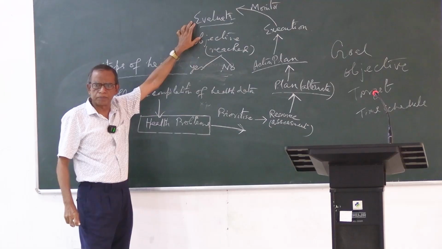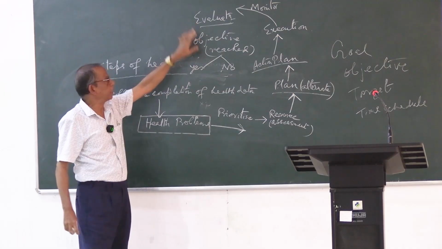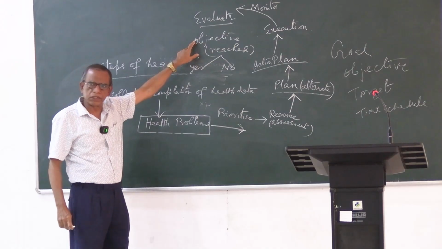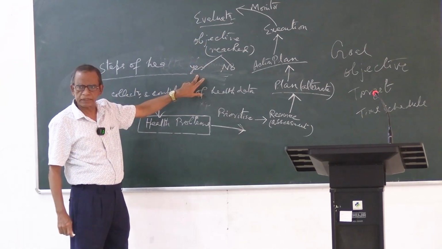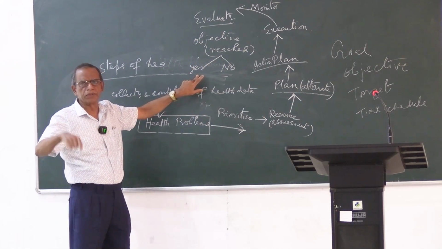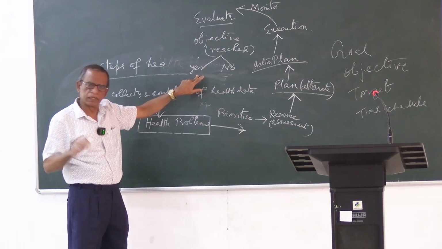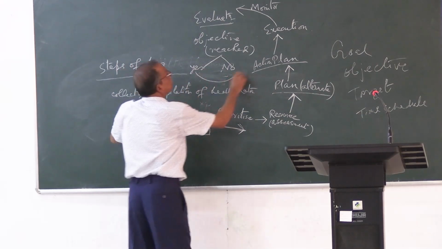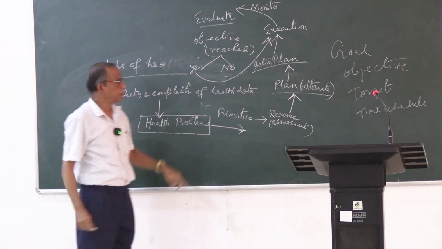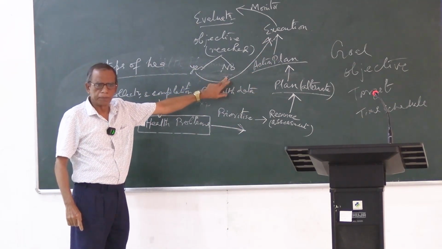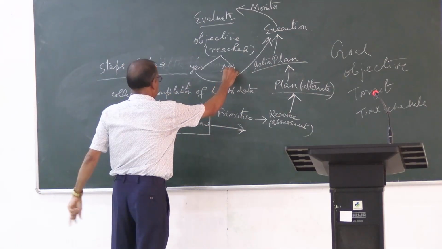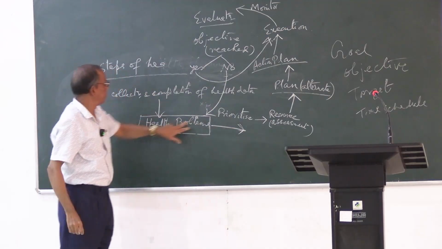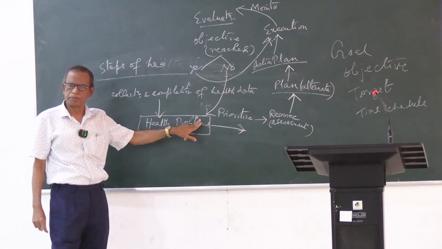At the end of your program, you have done evaluation and you are seeing whether you have reached your stated objective. If yes, then you continue this program over the years. Clear? But if no, then you come here and assess the health problem.